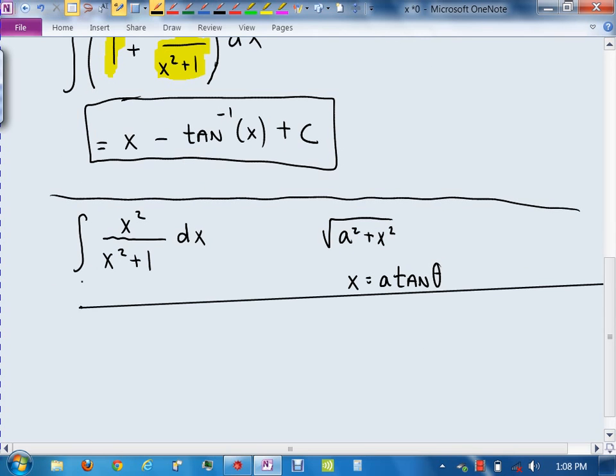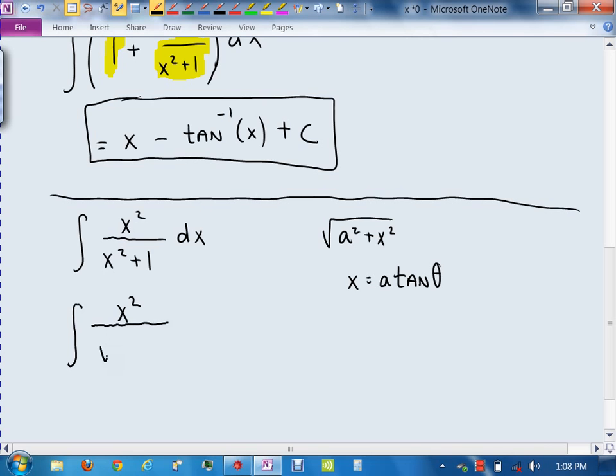I can rewrite the denominator as the square root of x squared plus 1, squared.